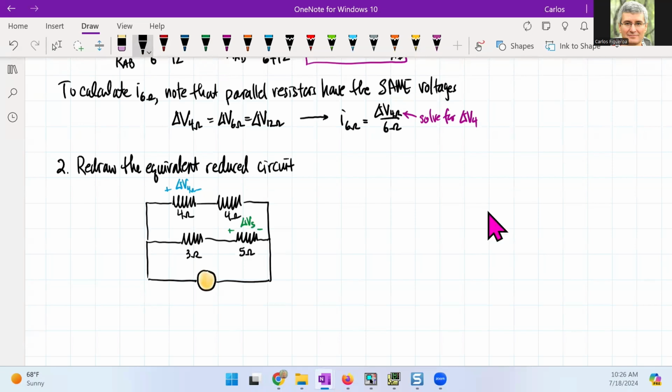So if I set this up, we draw our nodes again. The nodes here are the exact same as before, but now it's simplified.